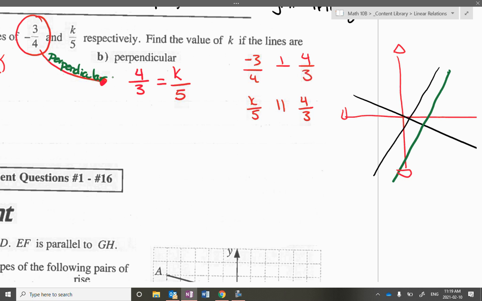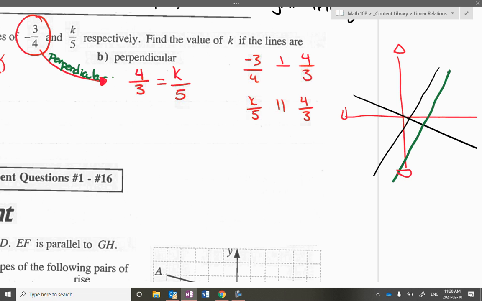We say it's negative reciprocal. So your sign changes and then you flip it, all to make it perpendicular. If you have 4/3, that would just be reciprocating it, but that's not giving you a perpendicular line. So if we had 4/3 and have to make it perpendicular, then it would be -3/4.